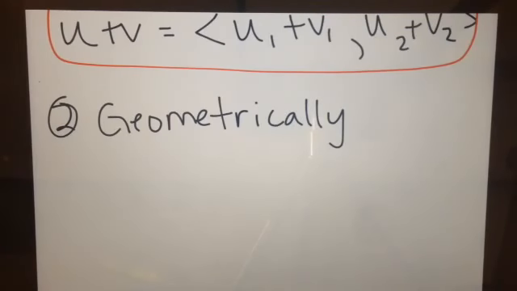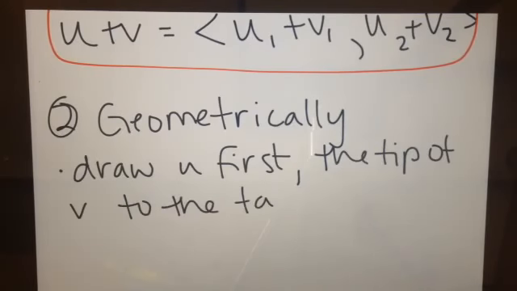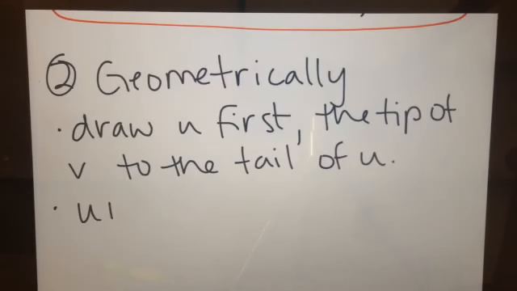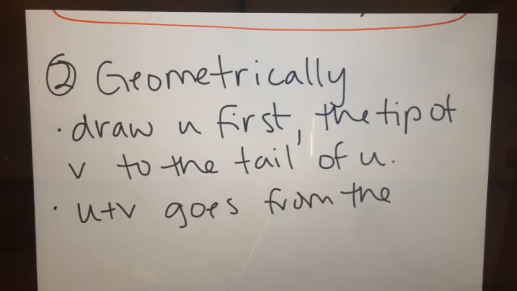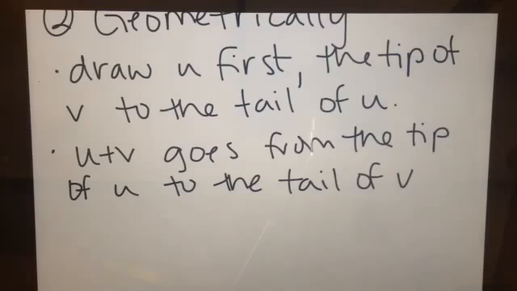So you're going to draw U first, and then you're going to draw the tip of V to the tail of U. And once you draw that, U plus V goes from the tip of U to the tail of V. Okay, so having those directions out could just be helpful in the future if you have to draw these.